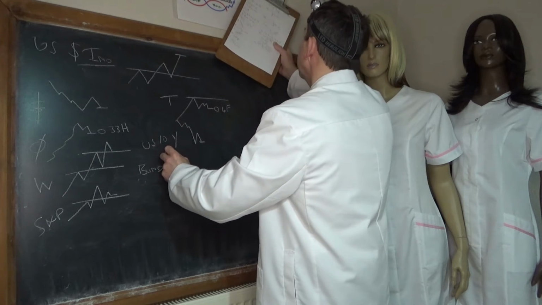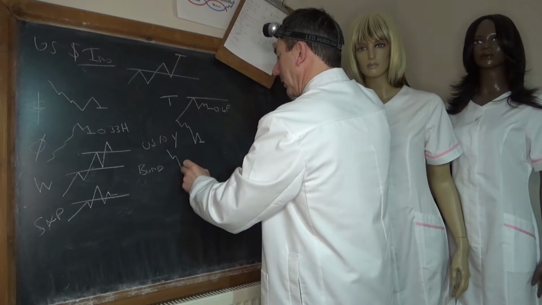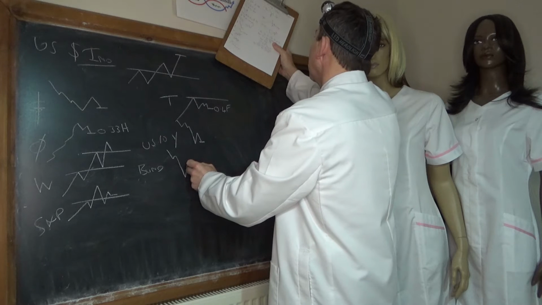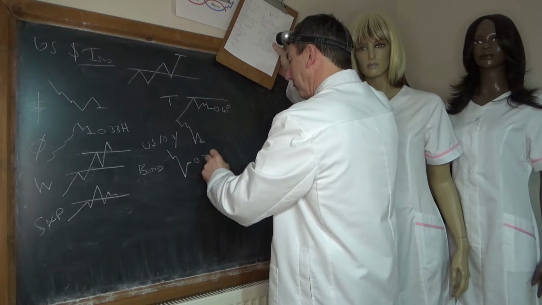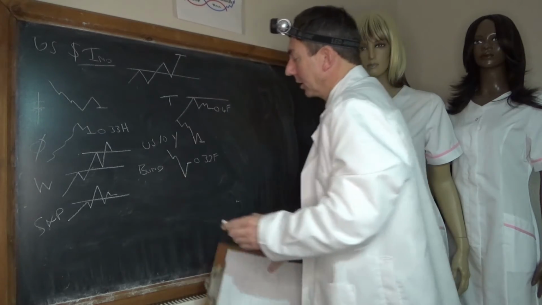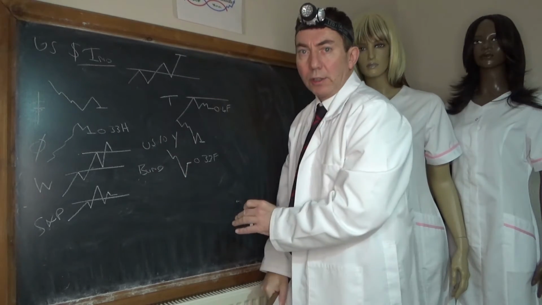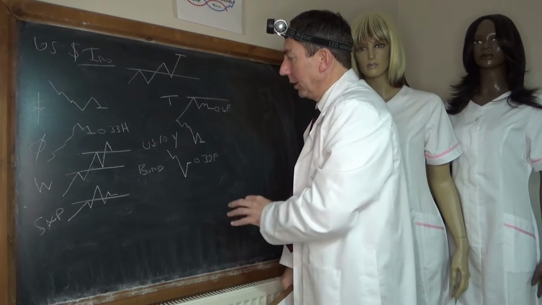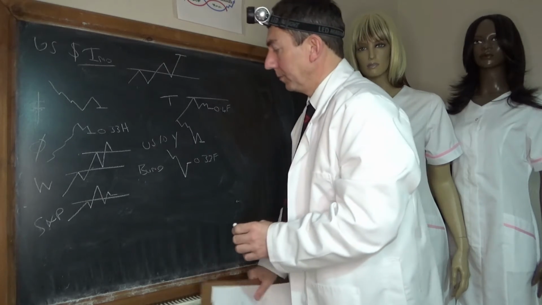The bund is operating at about 0.33 from the floor in terms of price. So you can see that again, US yields are outgunning European yields at the moment.